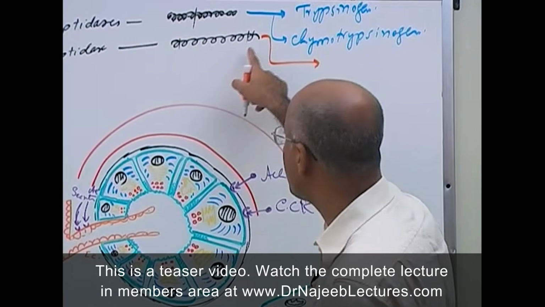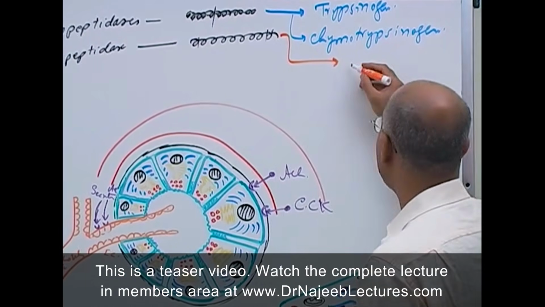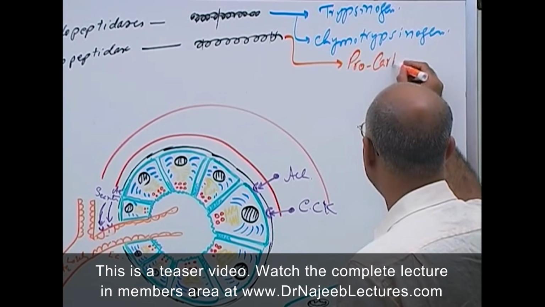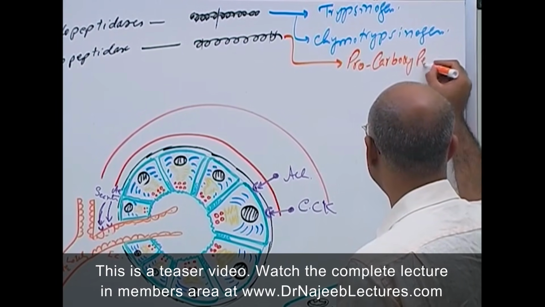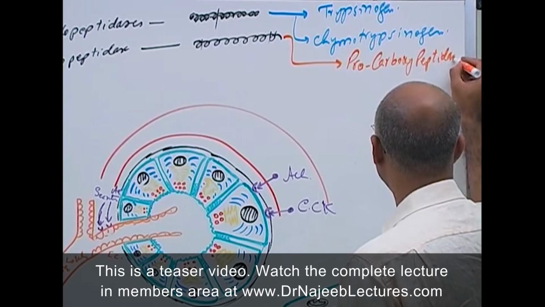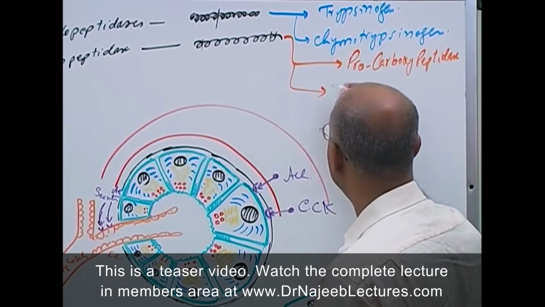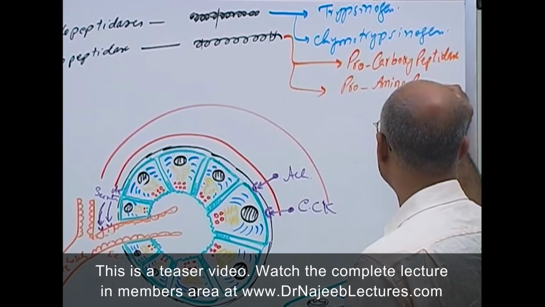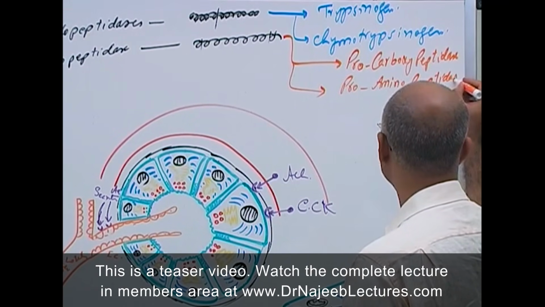Those which work on the carboxyl end, we call pro-carboxypeptidases, and those which work on the amino end are called pro-aminopeptidases, right?